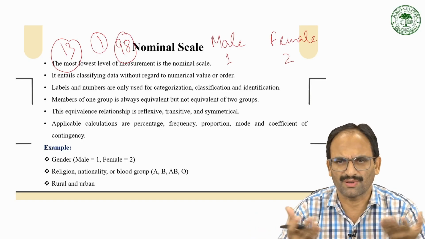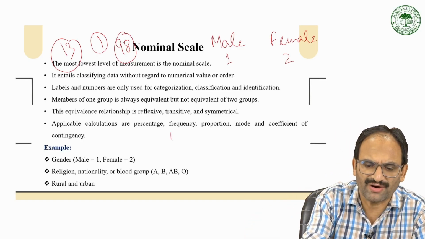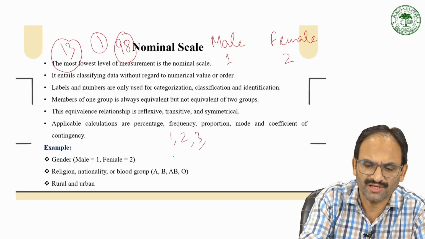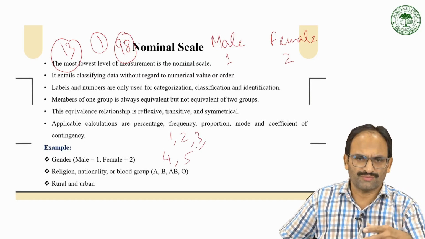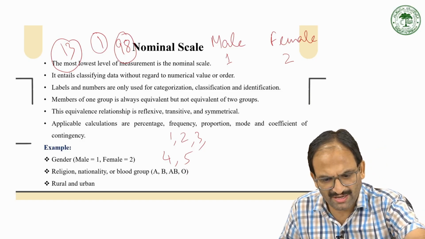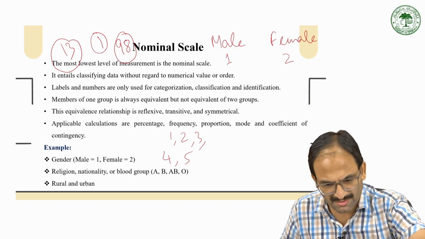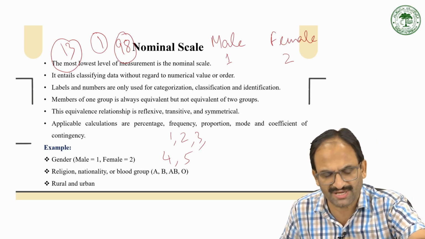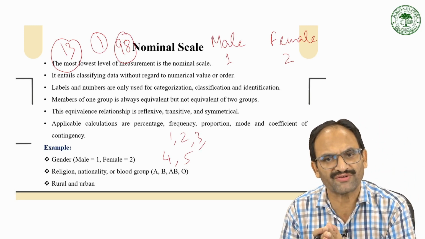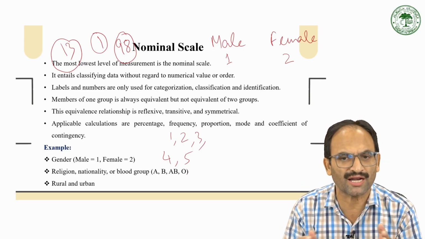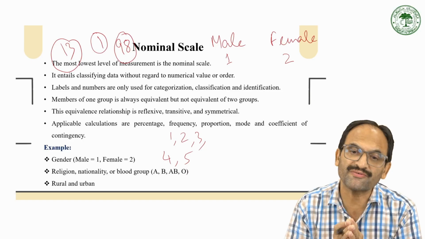So I will give the 5 creams numbers 1, 2, 3, 4 and 5. To some cream I have given number 1, to some number 2, to some number 3, to some number 4, and to some number 5. So 1, 2, 3, 4, 5 here are not given in the order of any merit. The purpose is just labeling, just differentiation.